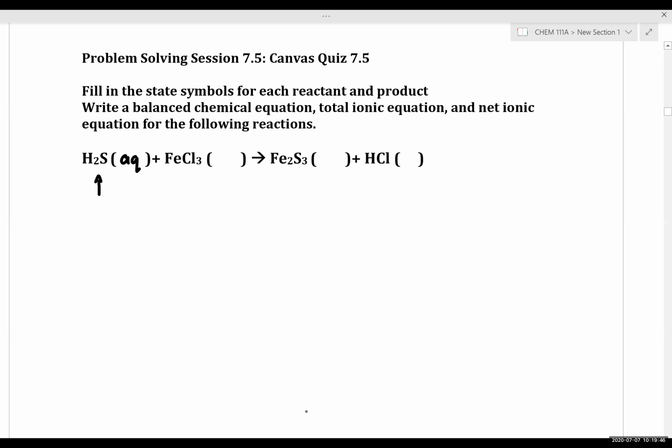So, looking at iron 3 chloride, are chloride salts generally soluble or insoluble? Soluble, yep. So we get the aqueous symbol. Iron 3 sulfide.